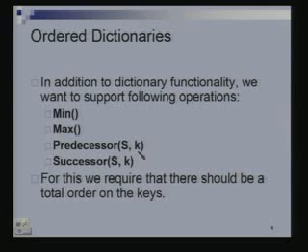Exactly, the keys are the particular field or the part of data on which the things are ordered. So there is a total order on the keys. Similarly, the successor function.